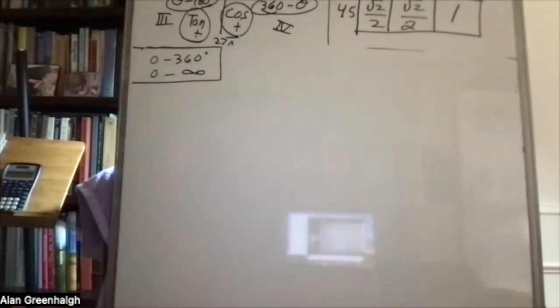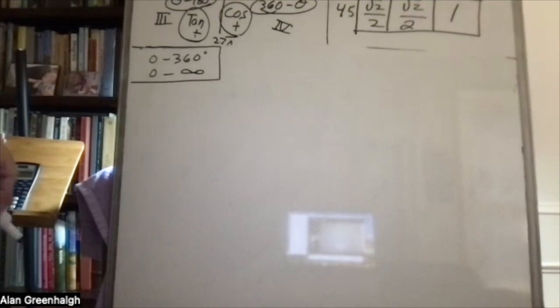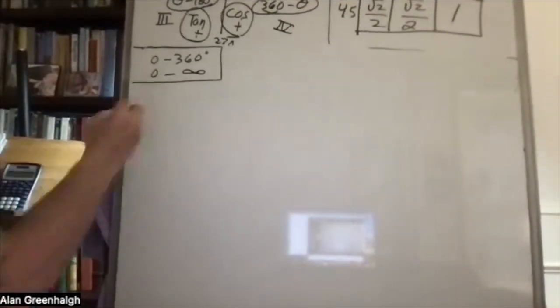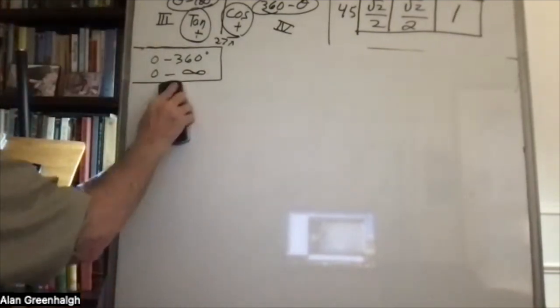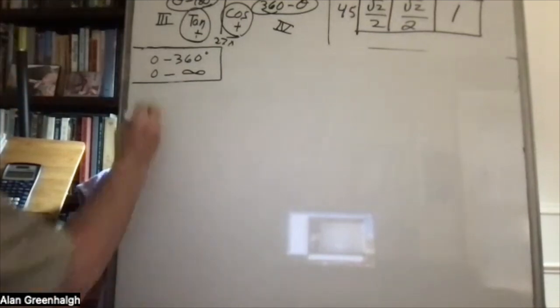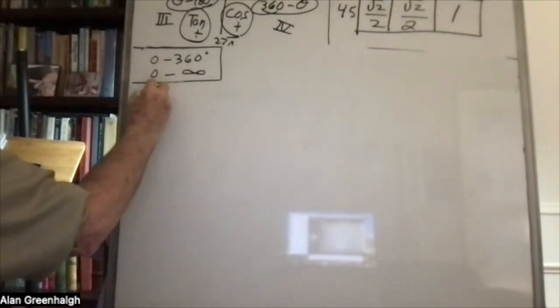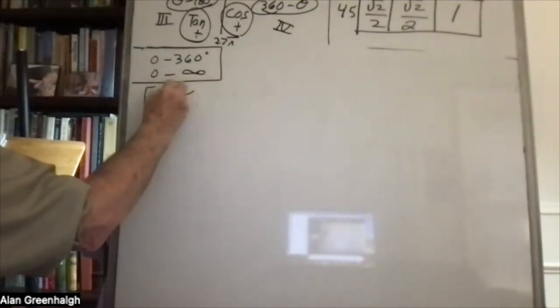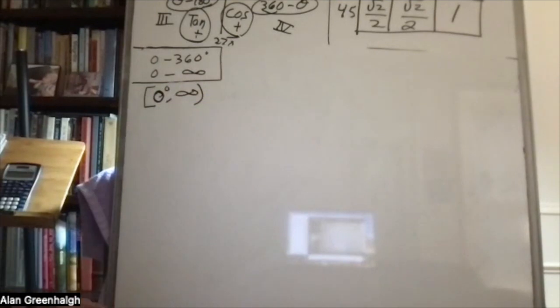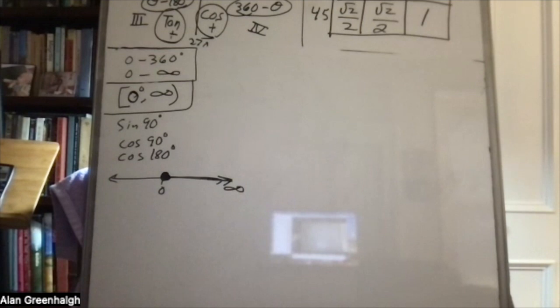Can anybody come up with the answer to that question? We've done every angle from 0 all the way up to infinity, and it's not an open parenthesis, I'll tell you that. That's going to be an open parenthesis. What haven't we done? Come on. What's left over?